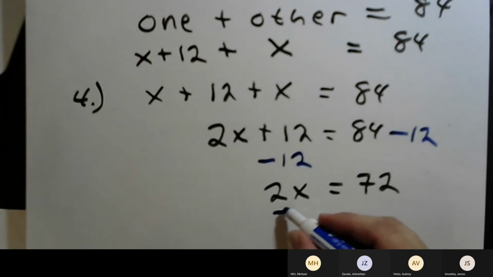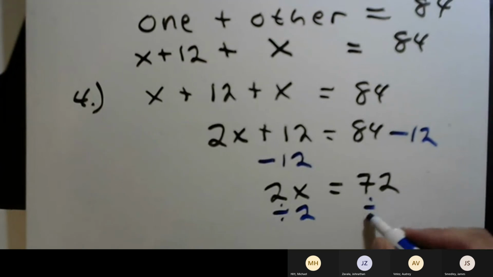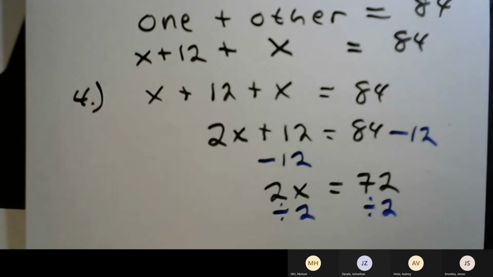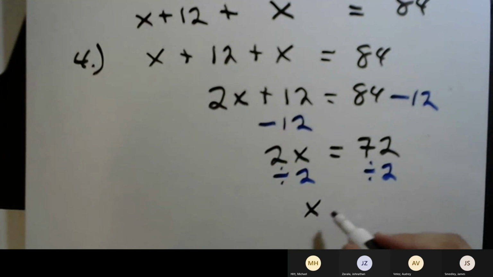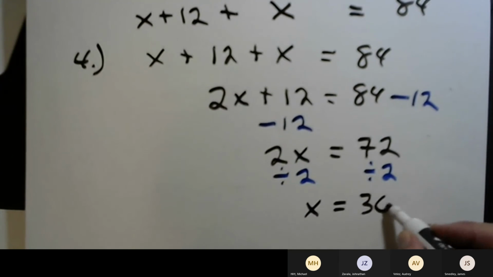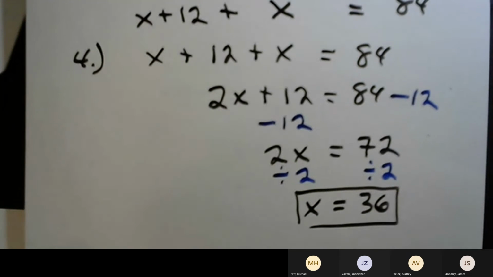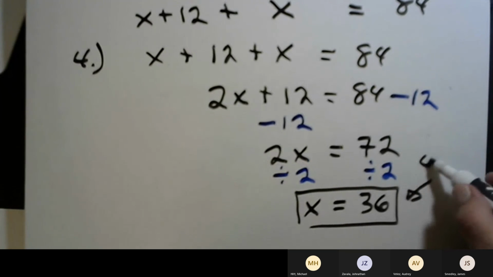And then divide both sides by 2. We'll get x is 36. Now that's the weight of the other casting. So this is that mysterious other.